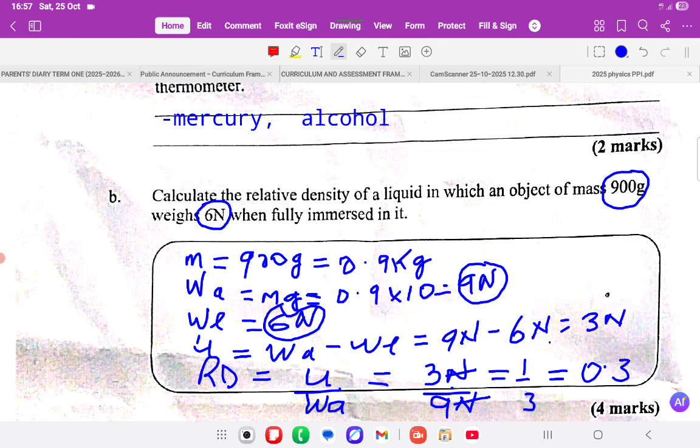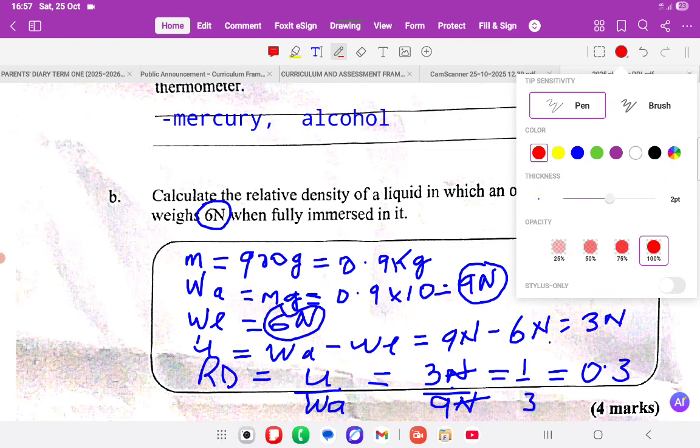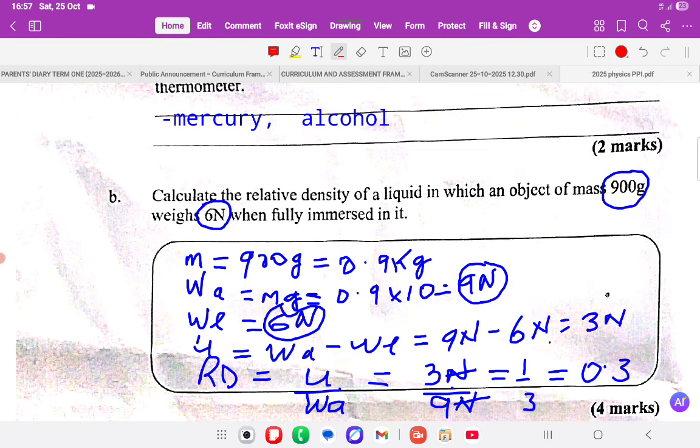So the key important steps that we have included here: first of all, make sure that the mass is in kgs. Convert the given mass, which is in grams, to kilograms. Remember that every 1,000 grams is the same as 1 kg.